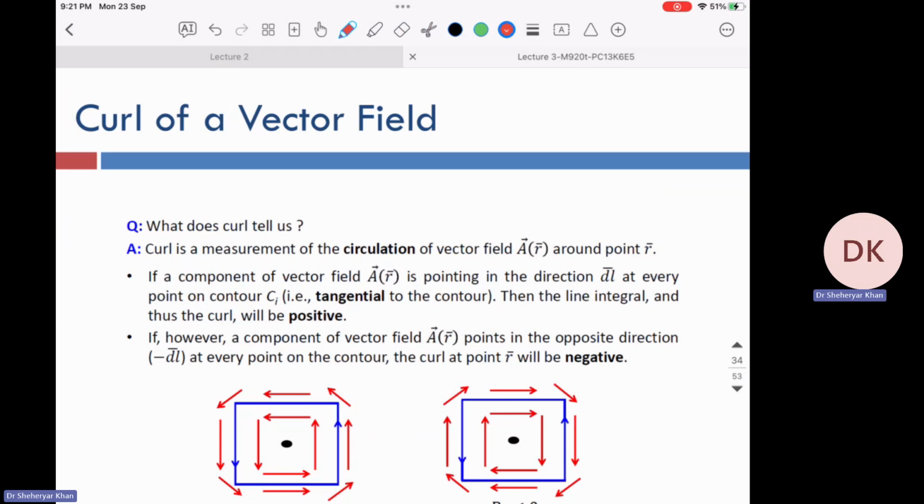It tells us whether the quantity and the field are along the same flow of circulation. If the components are in opposite directions, for example your length is moving like this and your field is opposite, then this should be a negative value.